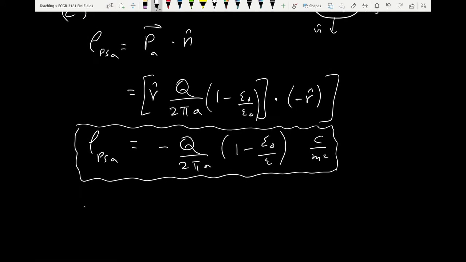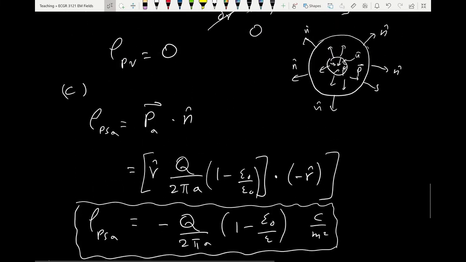The surface charge density at the outer boundary of the dielectric is going to be P dot n hat. In this case, n hat is going to be r hat. This is n hat here.